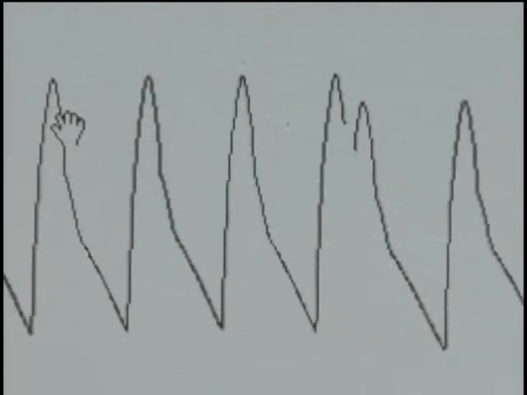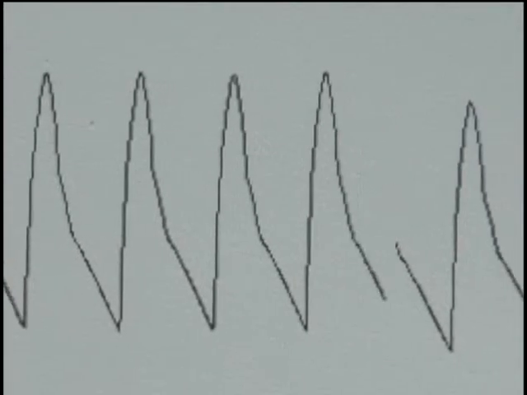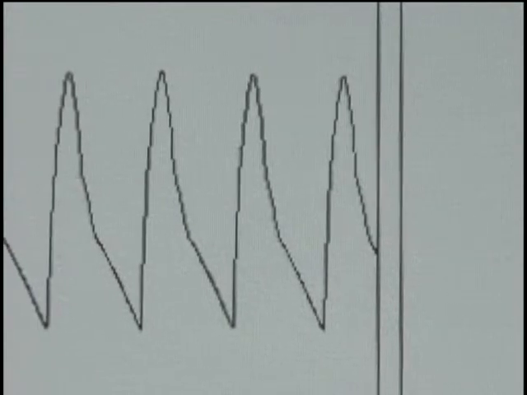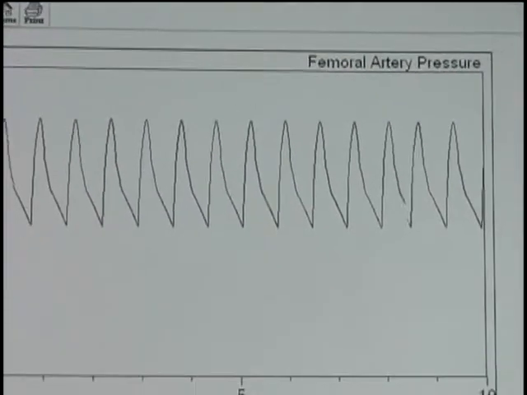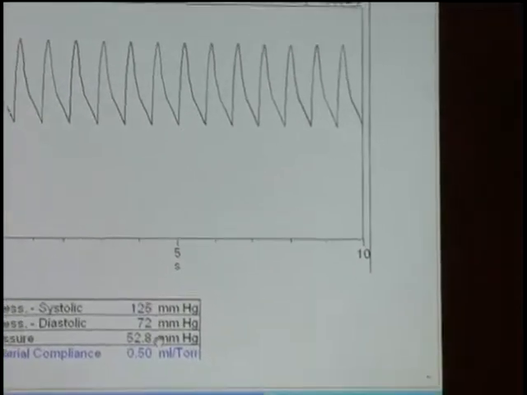You see that? The blood pressure is going up, the pulse pressure is going to go up too. And you can ask yourself not just what's going to happen to the femoral artery pressure, that's what I've put into the exercise, but if I give you the whole program, you can ask what's going to happen to heart volumes, what's going to happen to other pressures, what's going to happen to urine output.